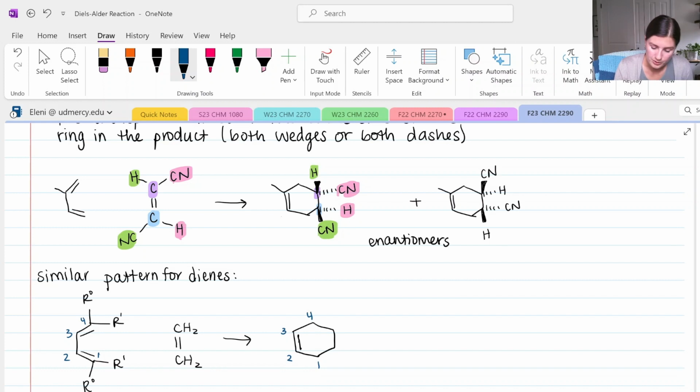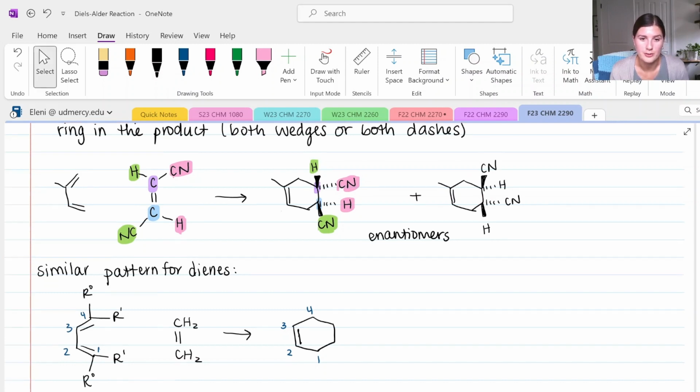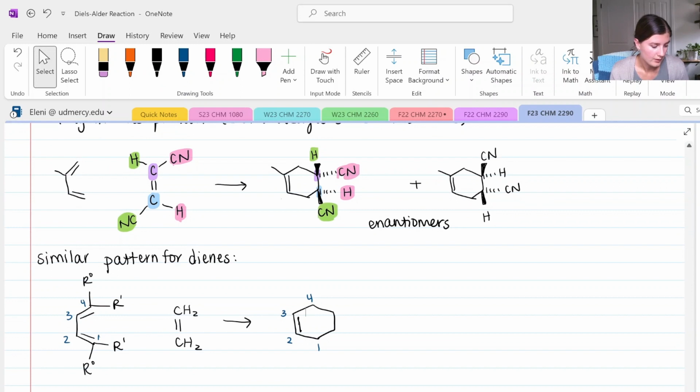And the new bonds to the dienophile are part of the 6-membered ring. And now, for carbons 1 and 4, we'll say R naught and R prime are 2 different groups. And we say that the 2 R prime groups are on the same side for those 2 carbons of the diene.